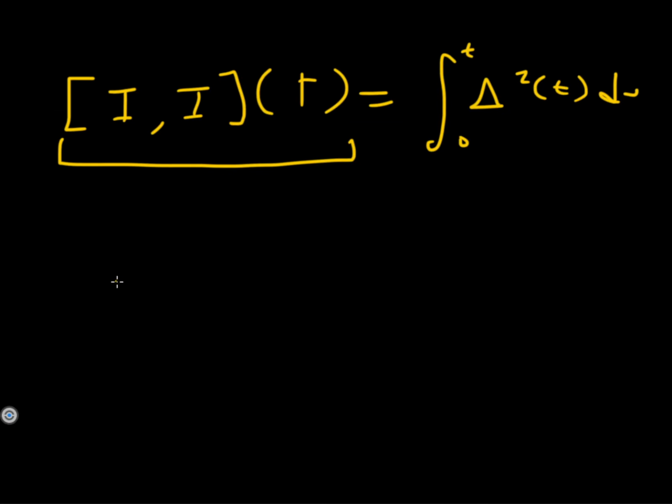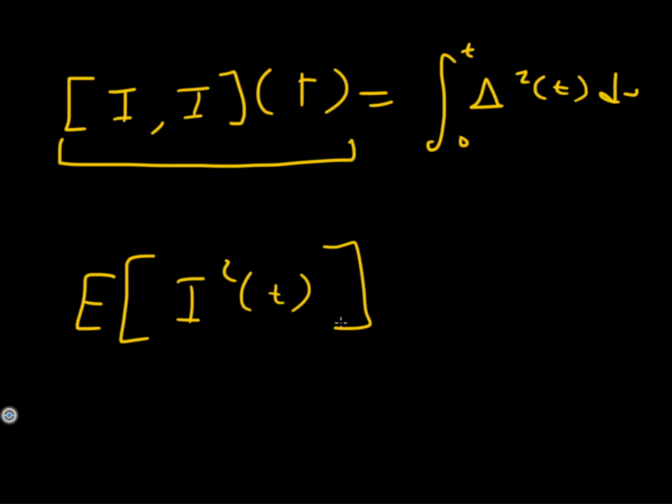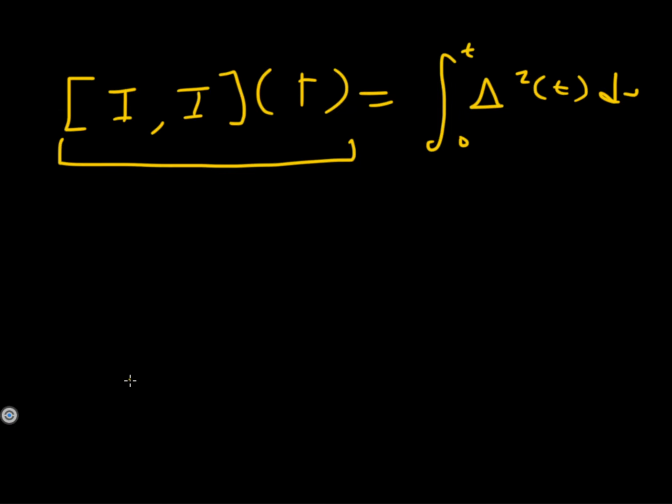However, Ito's isometry is not a stochastic process because it's the expectation of said value. So while the quadratic variation of the Ito integral is a stochastic process, the expectation, aka Ito's isometry, is not a stochastic process.